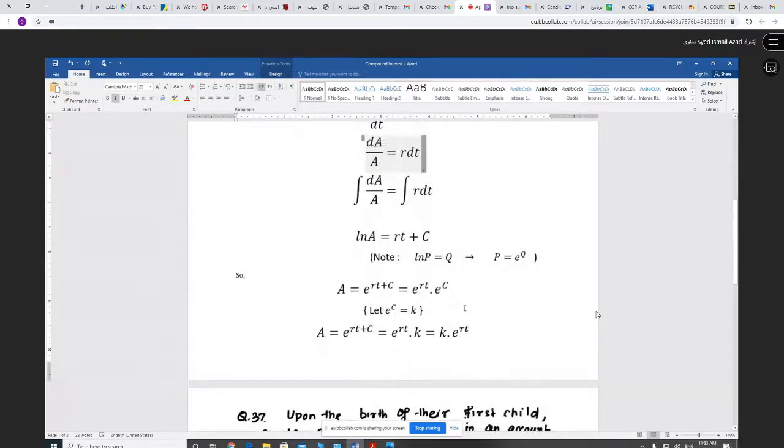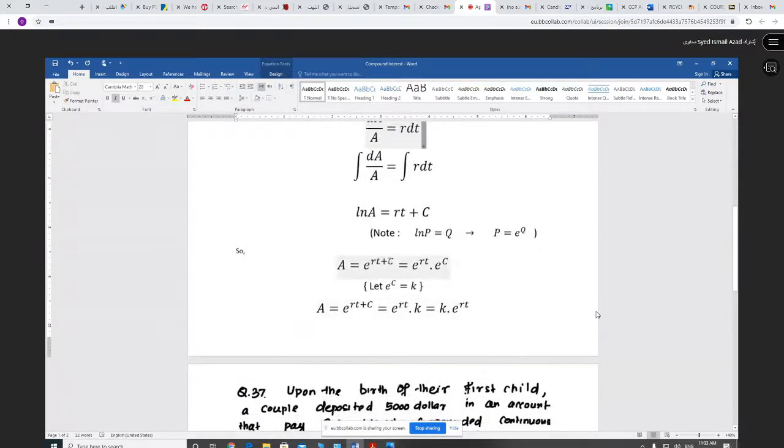So clearly, e power RT plus C will be equal to e power RT times e power C. C, as I told you, is a constant of integration, this is a constant. And e also is a number, e is also a constant, 2.718, something like that.